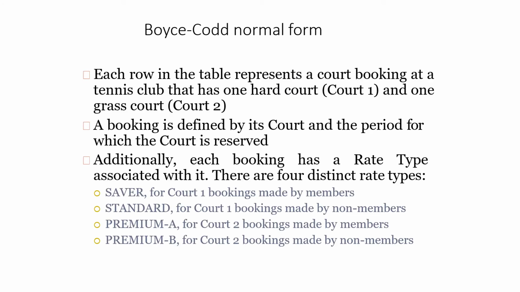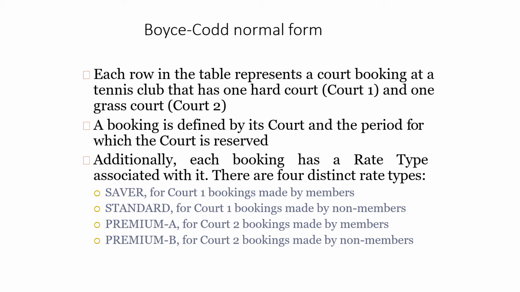Each row in the table represents a court booking at a tennis club that has one hard court and one grass court. A booking is defined by its court and the period for which the court is reserved. Additionally, each booking has a rate type associated with it.